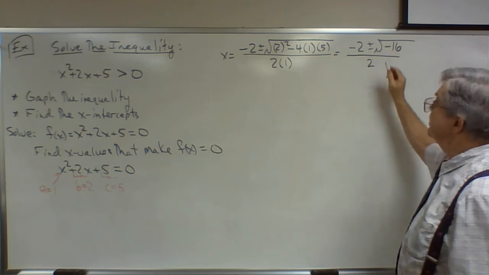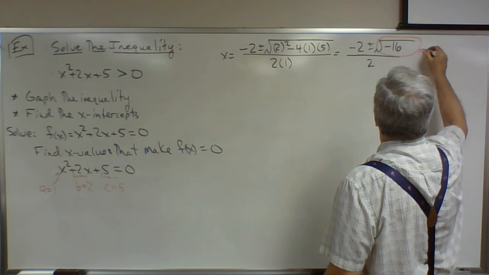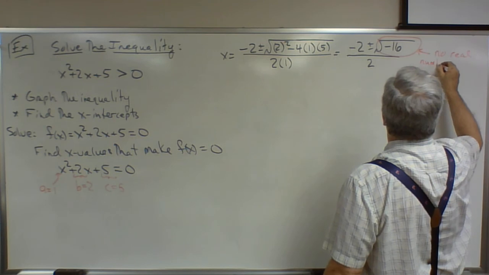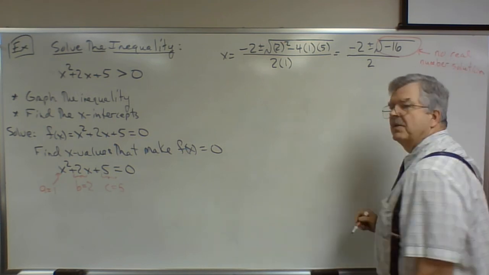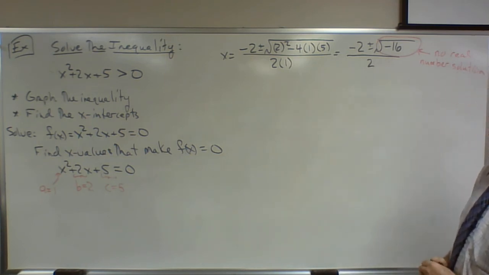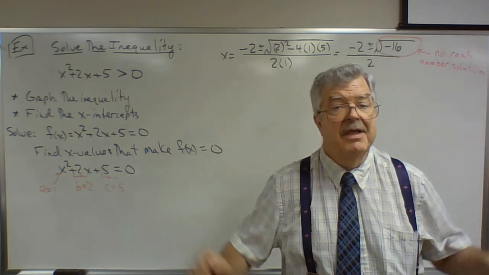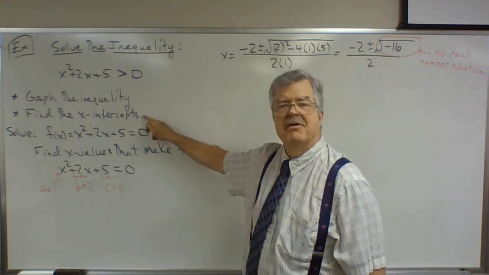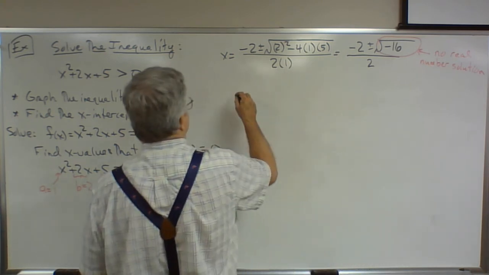We have a negative under the radical. So we have no real number solution. And on the x-axis, all we have are real numbers. If there's no real number solution, then there are no x-intercepts.